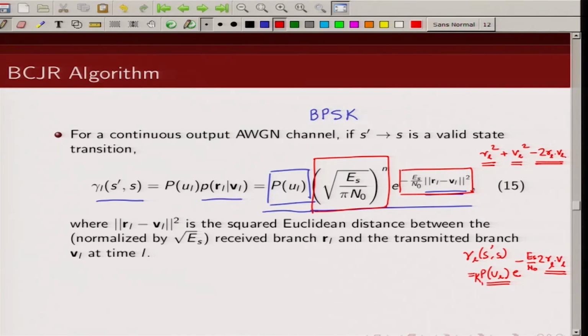This can be written as e raised to the power minus Es by N naught times 2 R L dot V L. Now, what is this R L dot V L? We will illustrate this with an example when we show an example. The point I am trying to make is that this expression for computation of gamma for an additive white Gaussian noise channel essentially depends on two terms. One is this and another is this term.